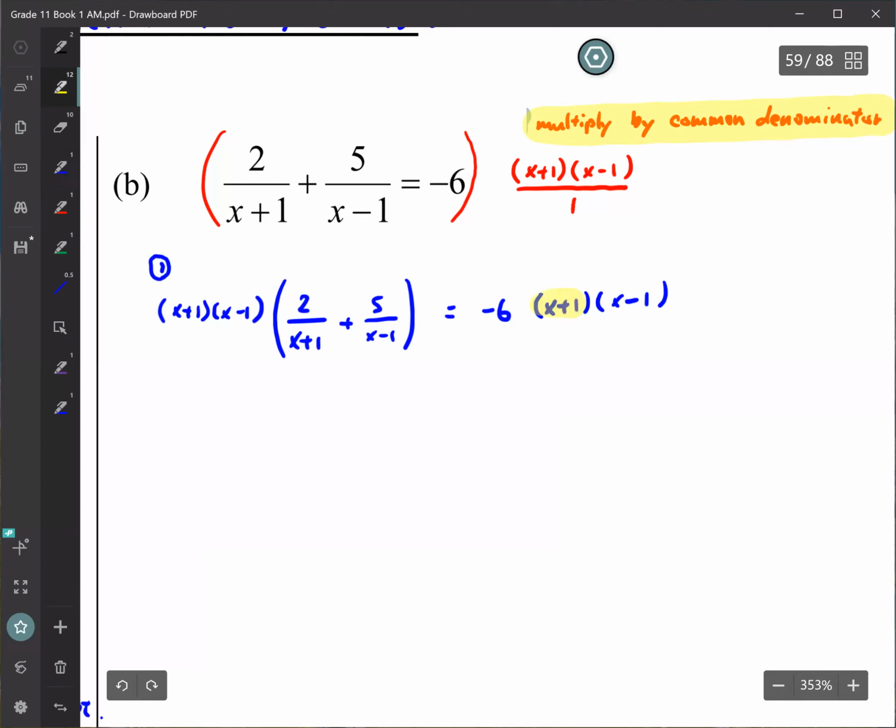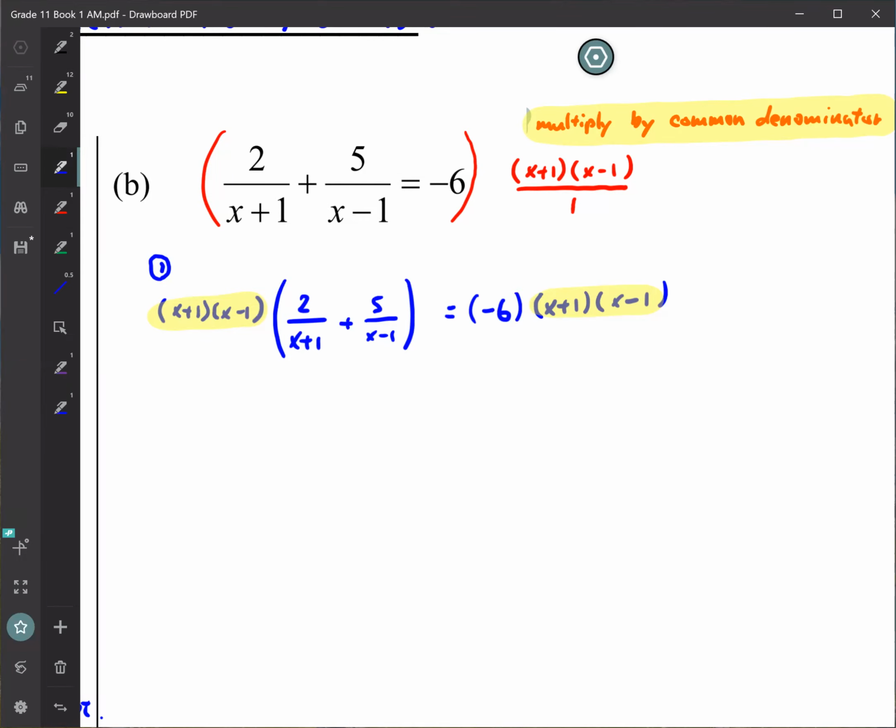So you see the yellow highlighted is the common denominator. The one that's not highlighted was the original question. So both sides multiplied by the common denominator. Anyone has questions so far? Right side is pretty straightforward. Later we are going to expand everything.